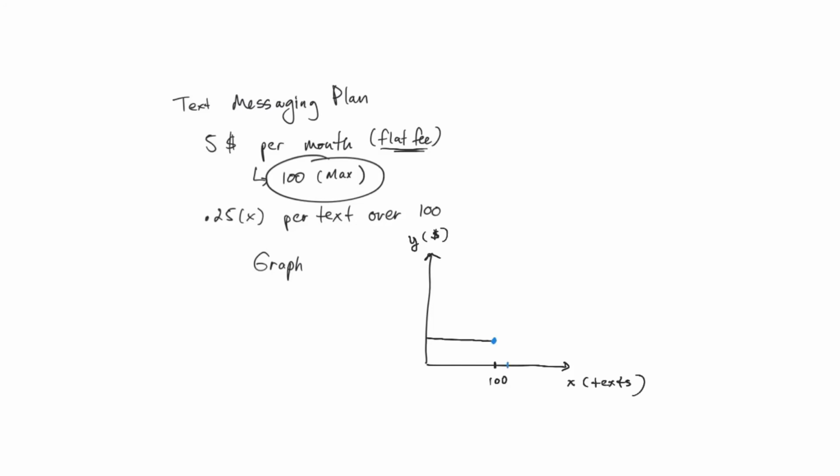So at 104, after I complete 4 additional text messages, it's going to go from $5 to $6. And at 108, when I do another 4 text messages, it's going to go to $7. So here I am just simulating the scenario and getting a result of this graph.